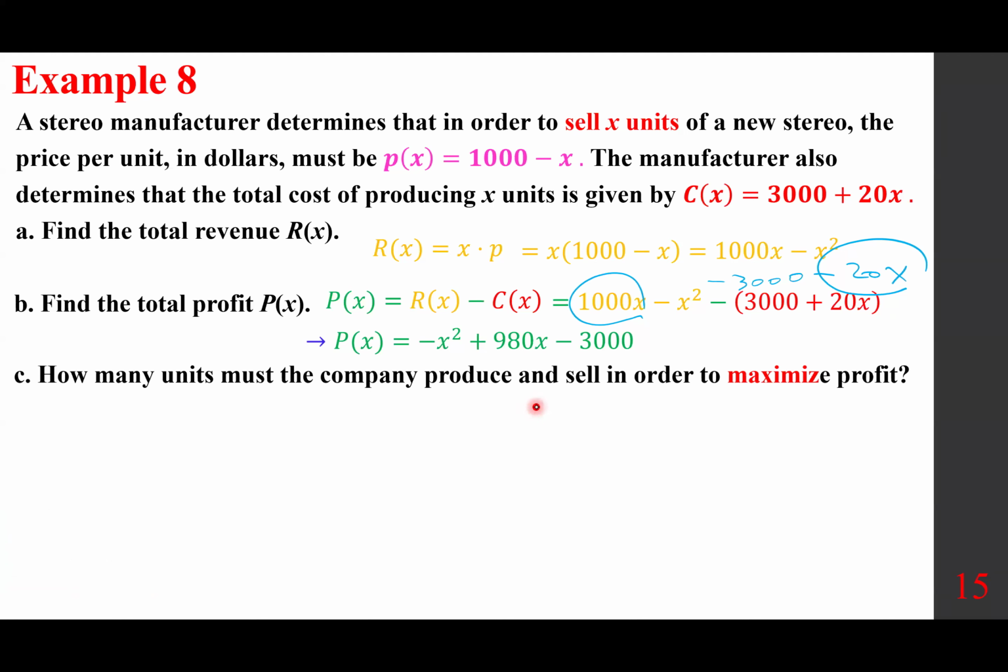How many units must the company produce and sell in order to maximize profit? Now, because we are maximizing this function, we are going to calculus and we are going to differentiate, and P prime becomes negative 2x plus 980.